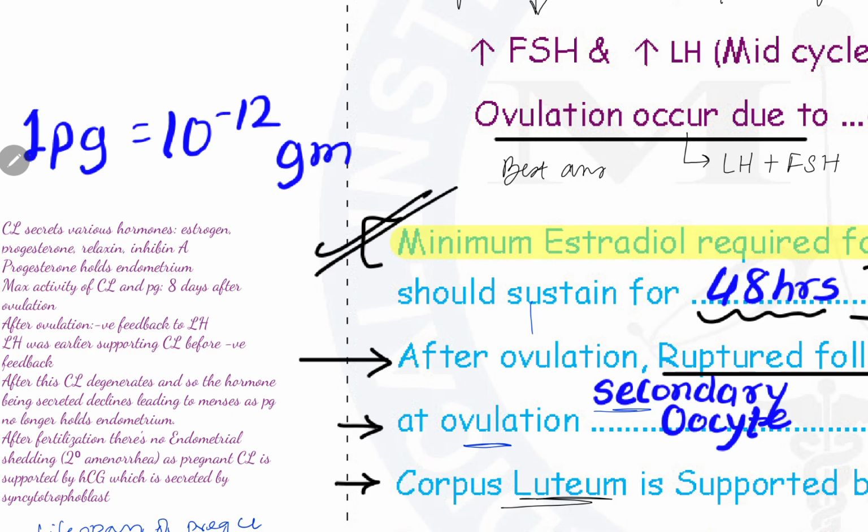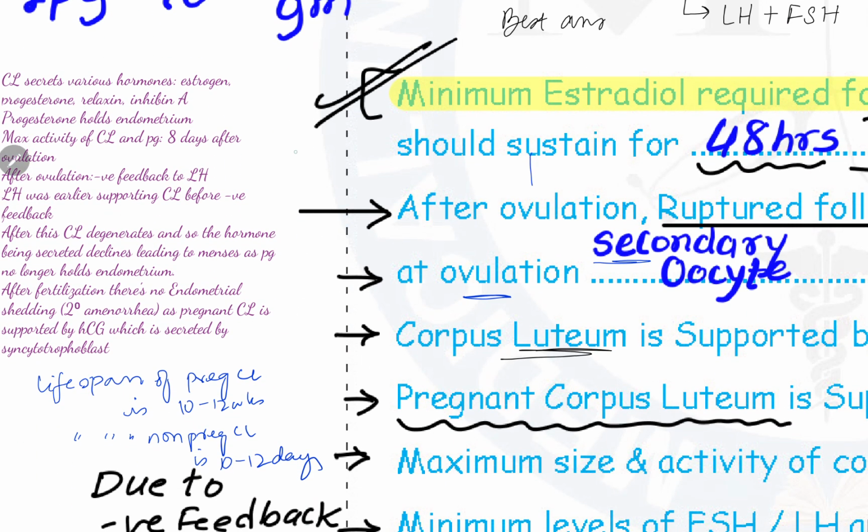After this, corpus luteum degenerates, and so the hormone being secreted declines, leading to menses, as progesterone no longer holds the endometrium. Because LH was supporting corpus luteum, corpus luteum was releasing progesterone, and progesterone was supporting endometrium. Now this is giving negative feedback, so this will decrease, this will decrease, and then this will decrease.